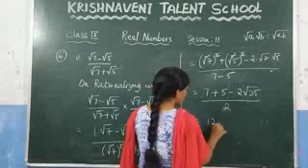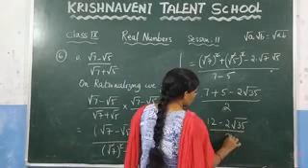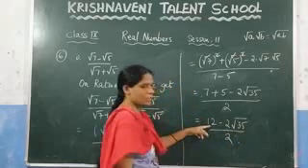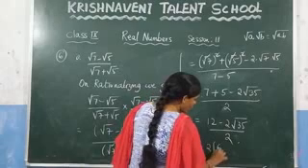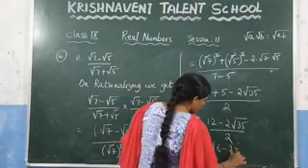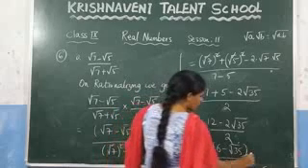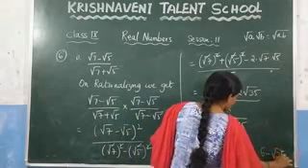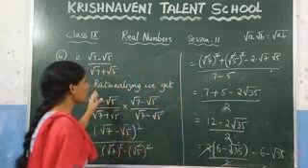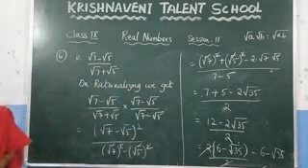Which is 12, minus 2 root 35 by 2. Here also you can take 2 common. If you take 2 common, what will be left out? 6 minus root 35 by 2. This 2 will get cancelled. You will get 6 minus root 35. Okay. Here we changed the irrational denominator into the rational denominator. See one more question on this.